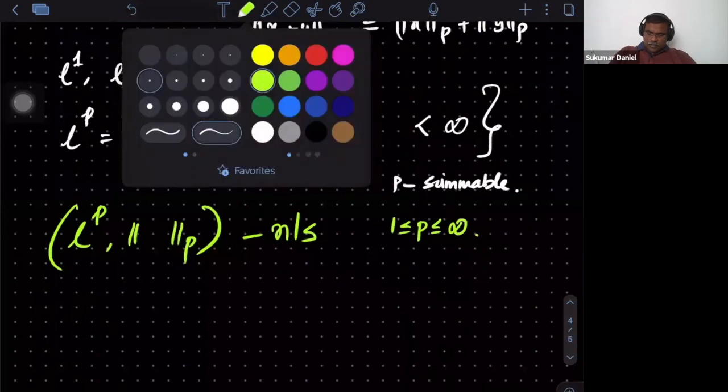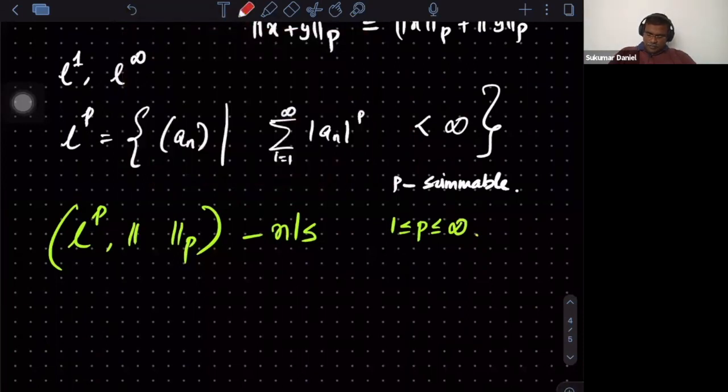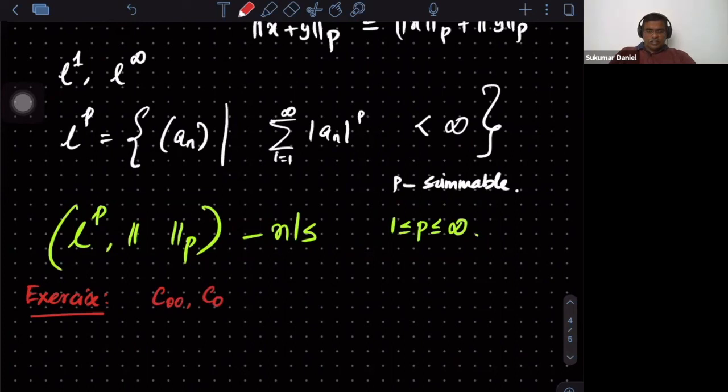Now here comes another exercise for the weekend. We have defined spaces called C00, the space of all sequences where except for finitely many terms, all remaining terms are zero.